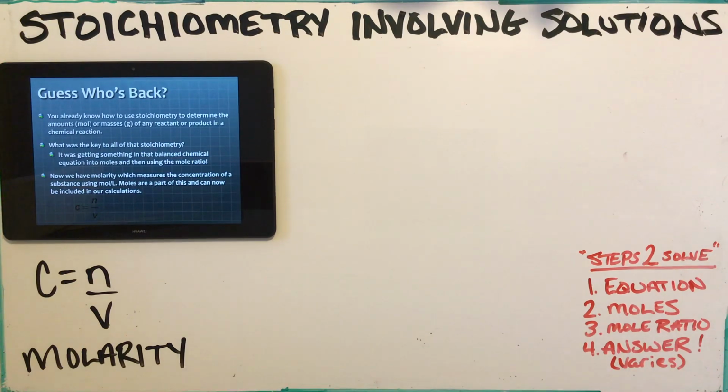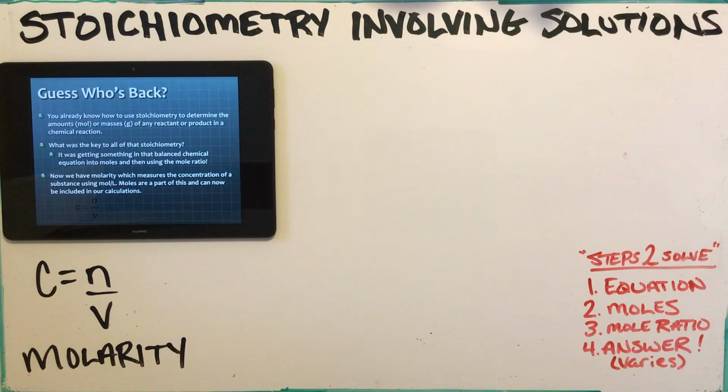Or, if I have so much of this reactant and so much of that reactant, you could tell me exactly how much useful product we could make from those reactants. It goes back and forth, right? So we can use stoichiometry to determine the amounts in moles or masses in grams of any reactant or product.